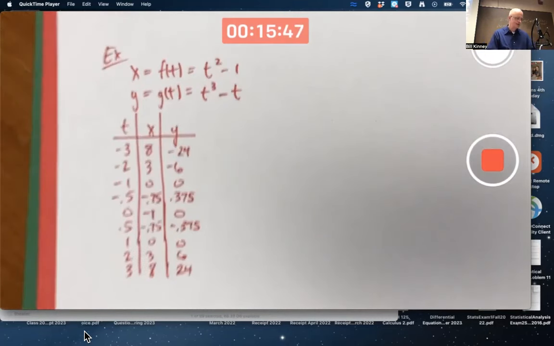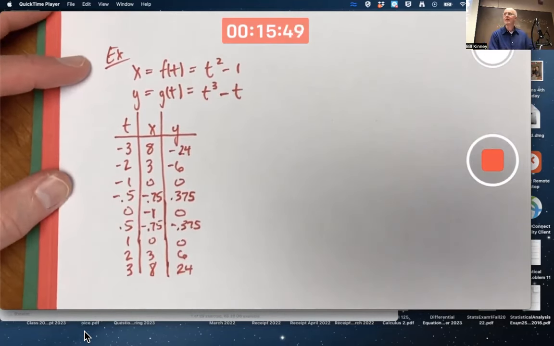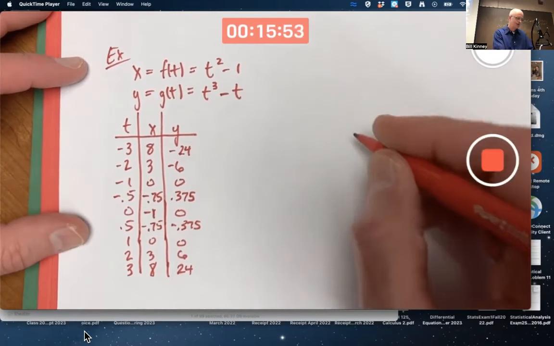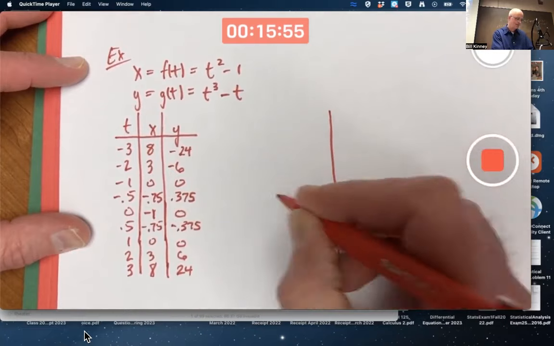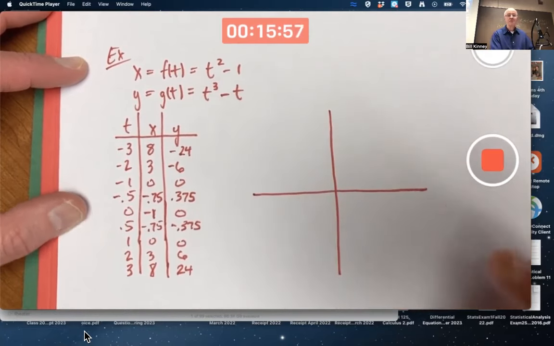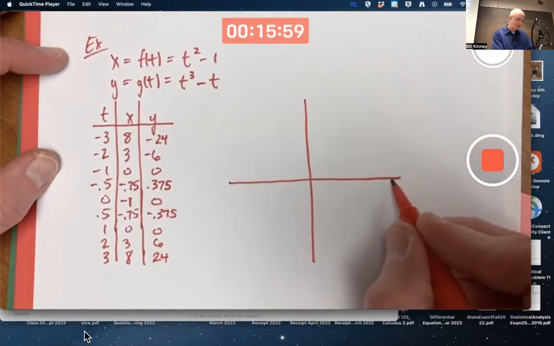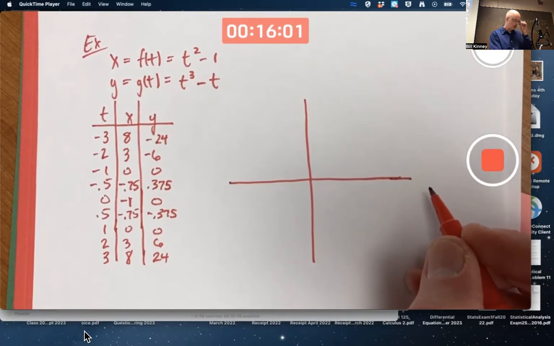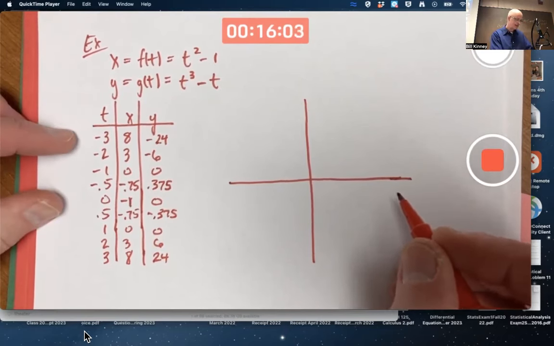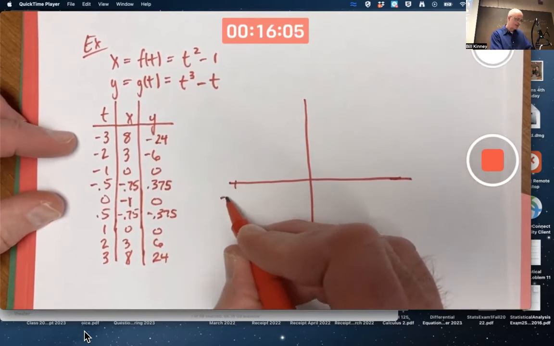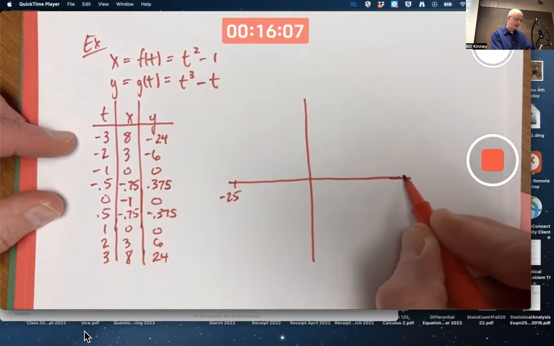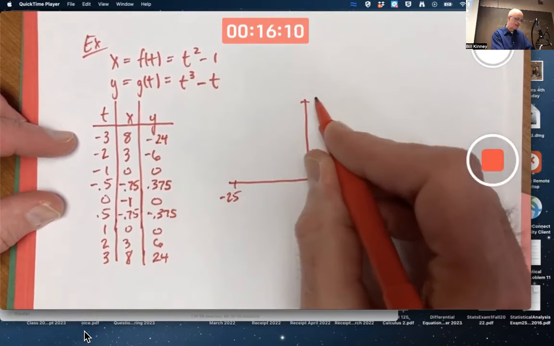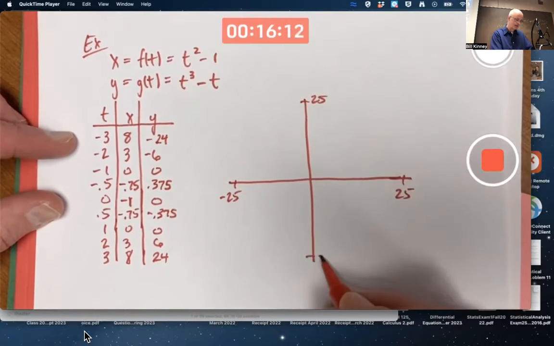Plot points. The x and y coordinates, not the t coordinate. I will try to make my scale big enough to include all these points. So let's say this is -25 here, +25, +25, -25.